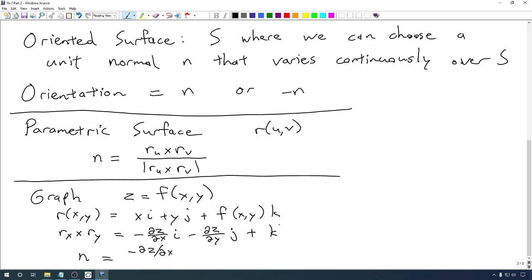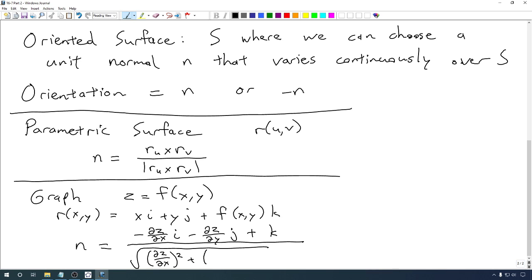And I'm actually going to save myself a little bit of work. So the top here is going to be r sub x cross r sub y, but when we divide by the magnitude, we get the square root of the derivative of z with respect to x squared plus the derivative of z with respect to y squared plus 1.